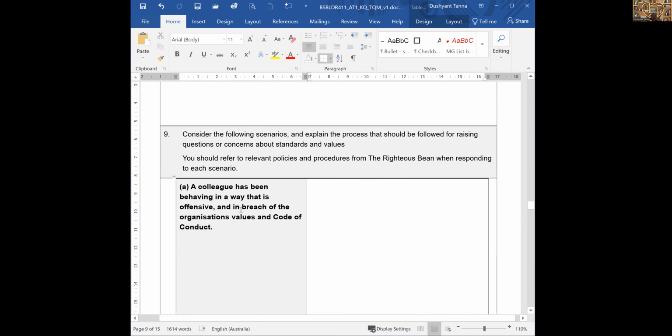Okay. A colleague has been behaving in a way that is offensive and a breach of the organization's values and code of conduct. What would you do? Explain the process that should be followed for raising questions and concerns. So I wouldn't be discussing this question now.